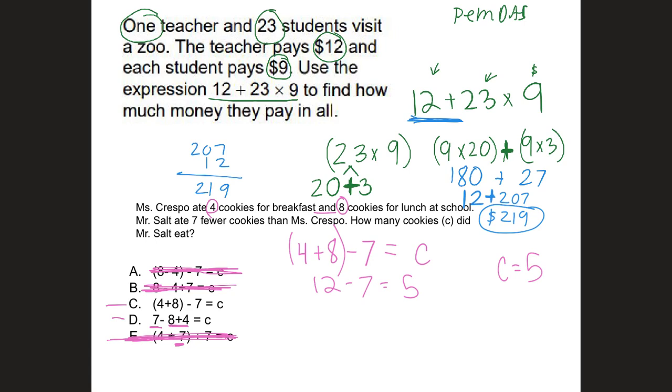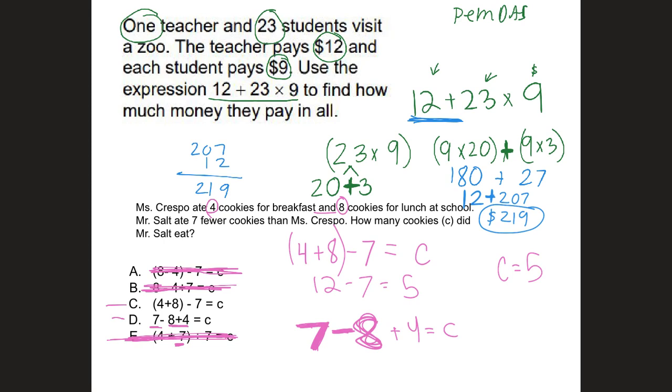Let me see the next one. 7. Those are he ate 7 fewer. So I see why you would say minus. But wait a minute. I'm saying 7 take away 8. I can't even do that. And also, he ate 7 less than Miss Crespo.